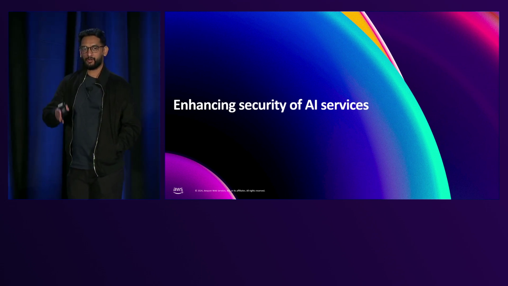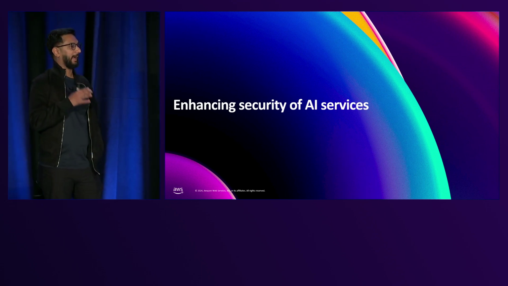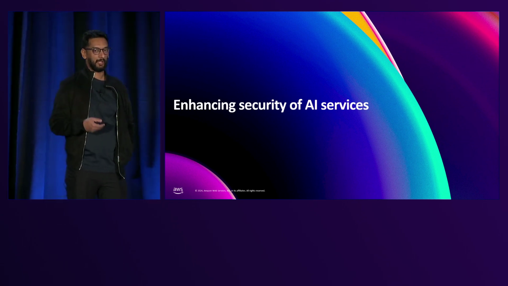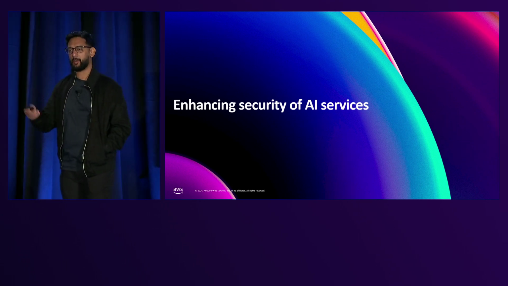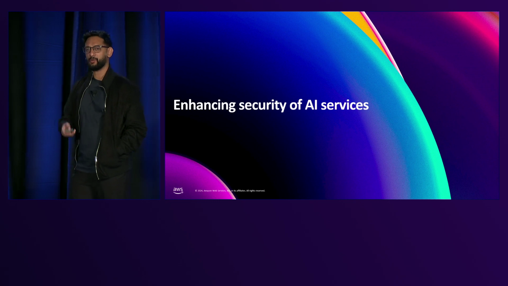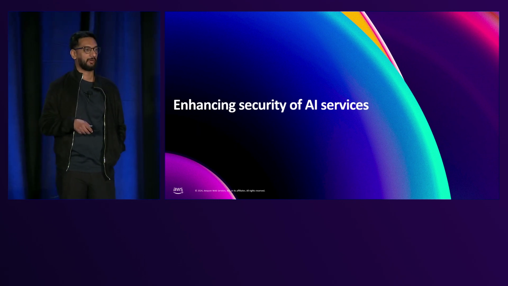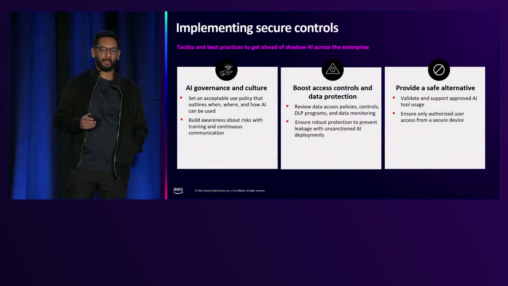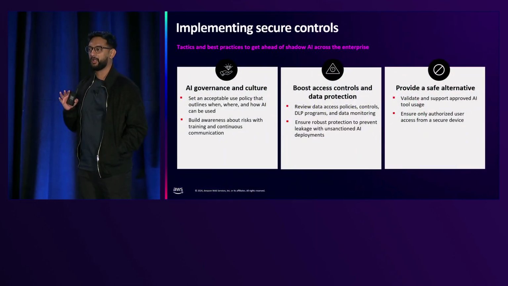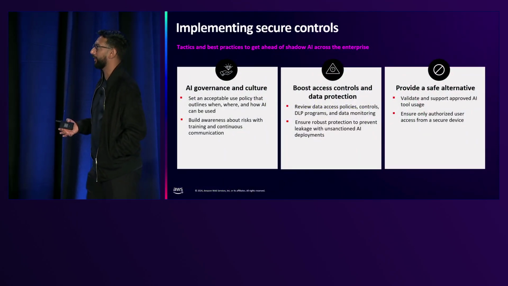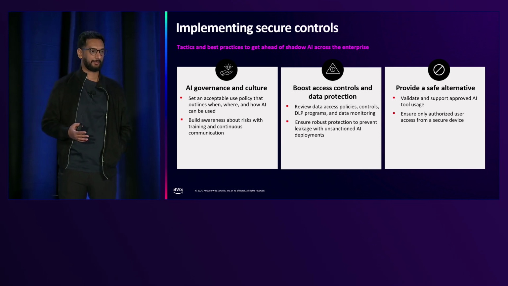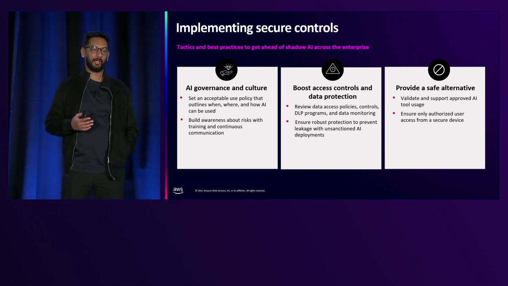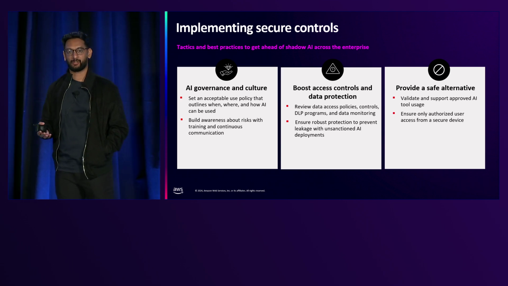Now, that's the security of the pipeline and the application code. Now, these have to run somewhere, and we spoke a little bit about EKS, but there's also complementary services. So how do you ensure that you're enhancing the security that's already built into all of these cloud services? Let's start with how to build a program to implement secure controls. Now, the first thing is developing AI governance and culture.